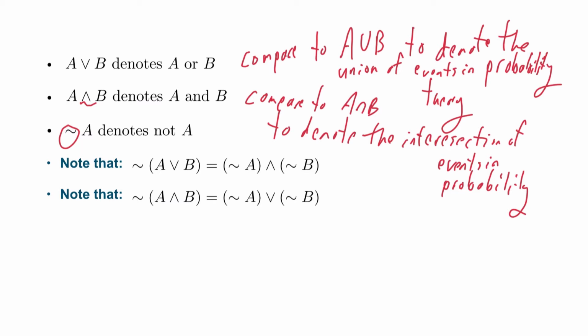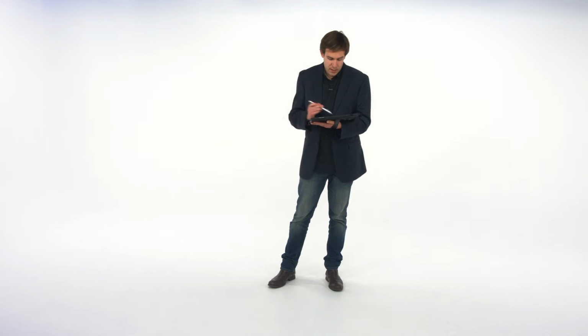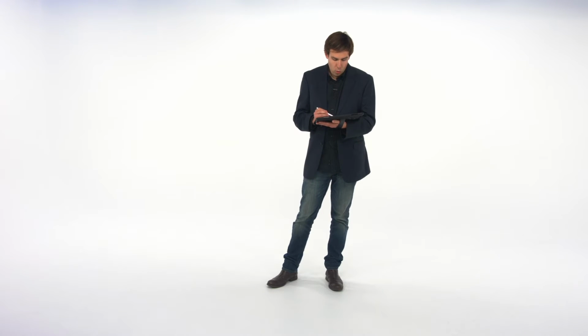If I had the statement not (A or B), that's equivalent to the statement not A and not B. Similarly, the statement not (A and B) is equivalent to the statement not A or not B. These are worth thinking about.